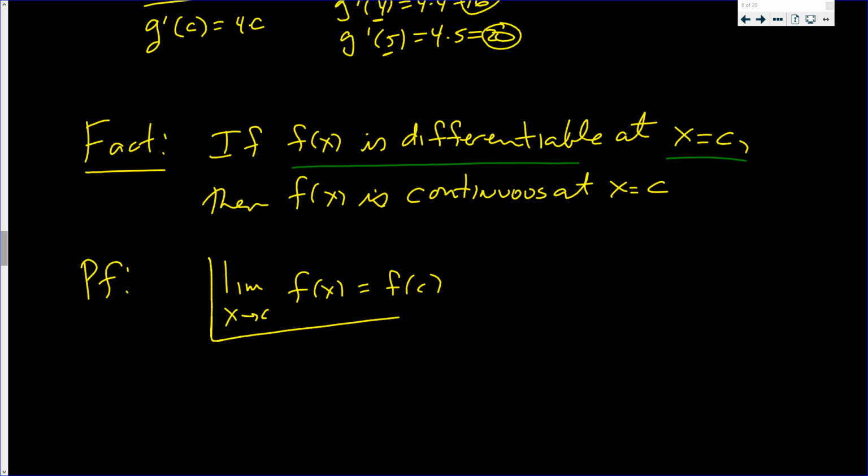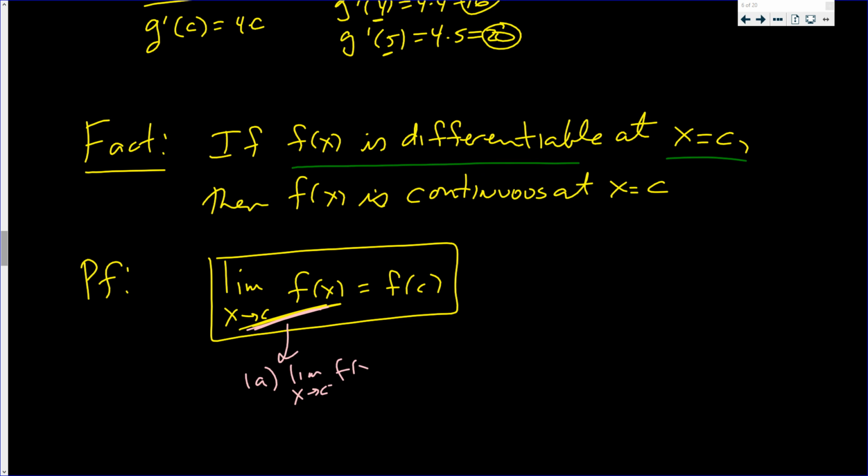This is a shortened version of what we did before. Now look, the fact that this limit exists implies that the limit as x goes to c minus of f of x exists.